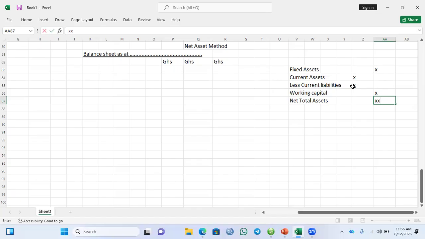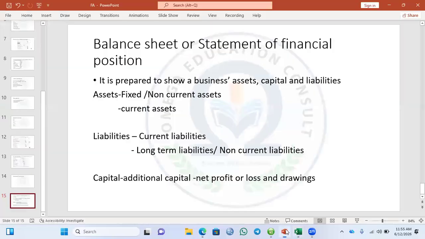That will give you the first part of the balance sheet. Now, if you appreciate the items we needed to prepare the balance sheet, look at it. The fixed assets have been used, the current assets have been used, the current liabilities have been used. What is left is the long-term liabilities and the capital.